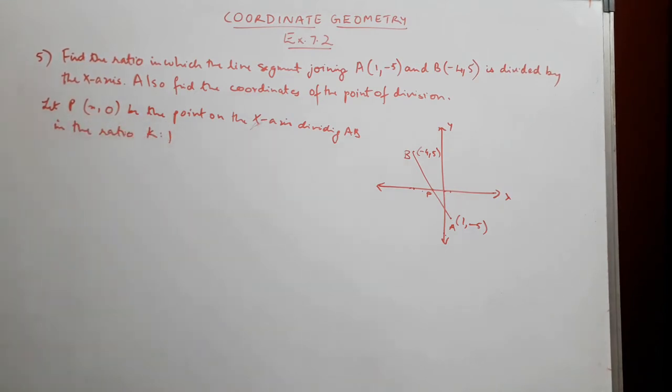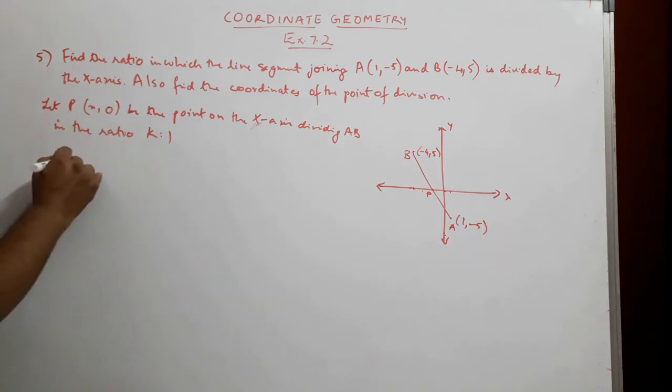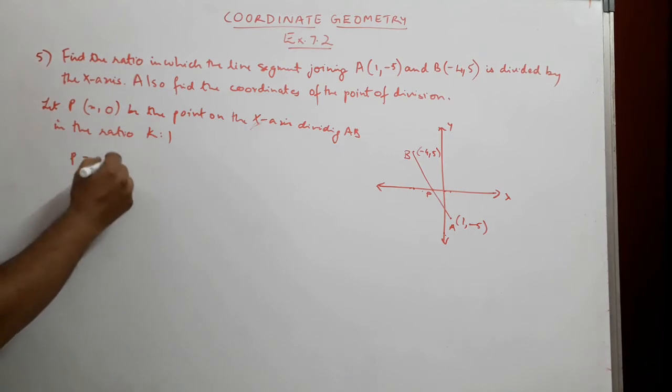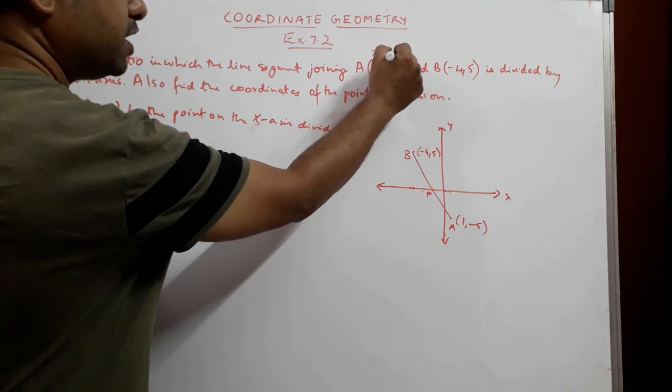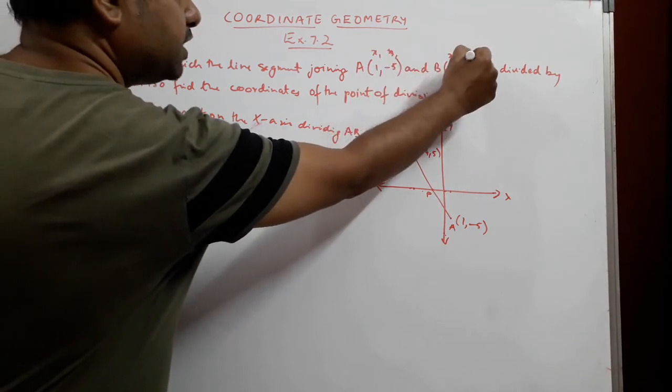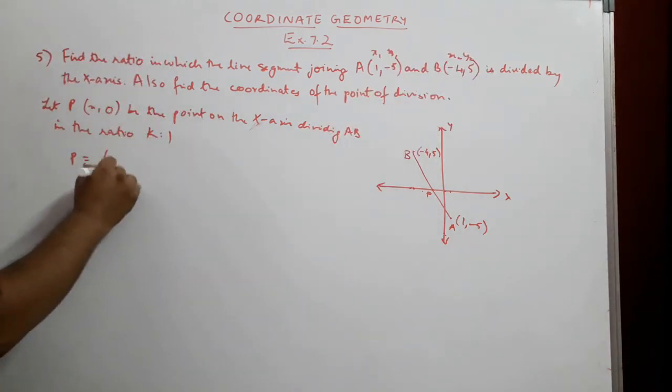We're just assuming this. Let's apply the formula, and this will be our x1, y1 and x2, y2. We'll apply the section formula now.